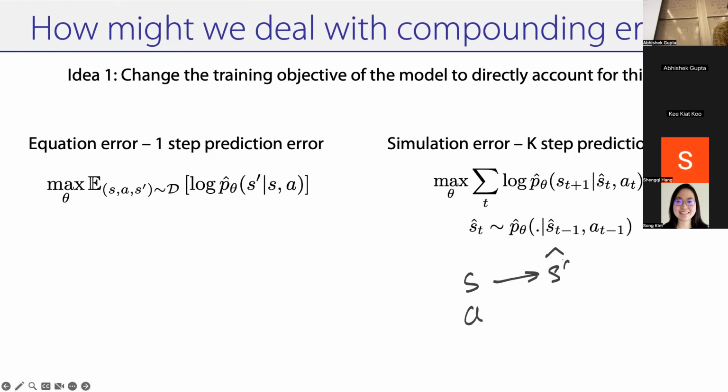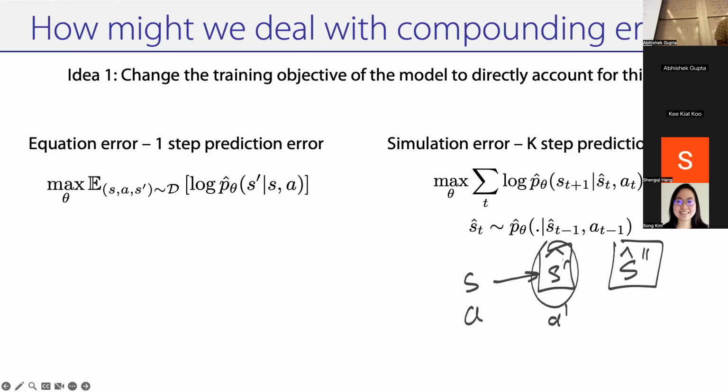Then from S prime hat, you feed in A prime, you predict S double prime hat, and you try to match the loss at multiple different steps when you're rolling out under your own predictions. So it's like the opposite of teacher forcing, right? You're rolling out under your own predictions and predicting the loss at multiple steps. I'm going to maximize the likelihood across multiple steps rather than just at one step, right? So I want it to be good under its own predictions for multiple steps.